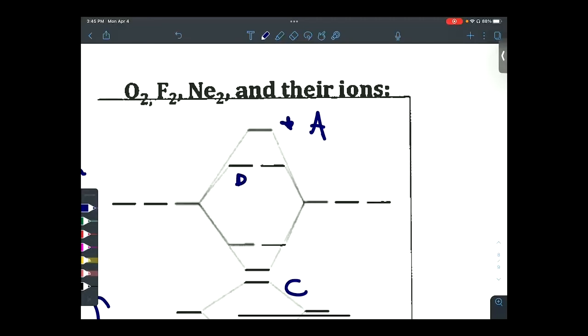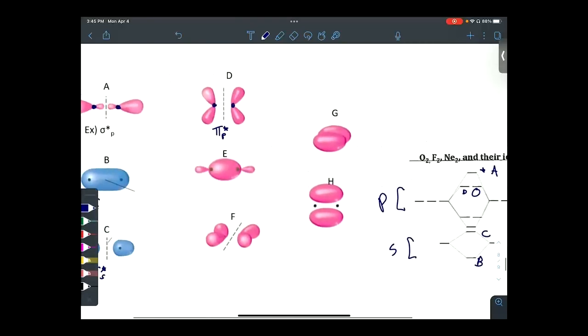So that implies that there is another missing interaction. Another missing interaction that should be the same energy as D. So if we look back here, is there another pi star interaction being depicted? Which one? F. But that doesn't look like D. Doesn't look anything like D. It's rotated.